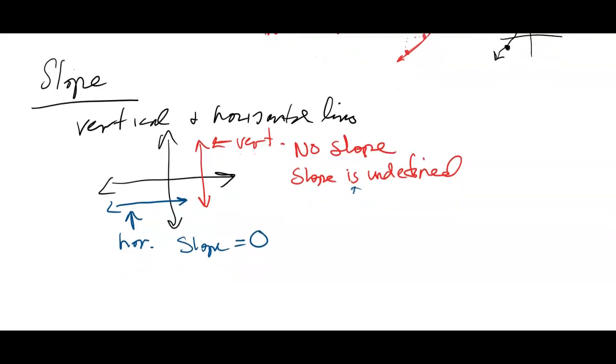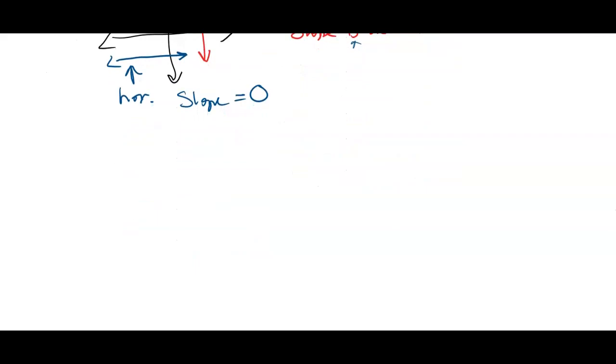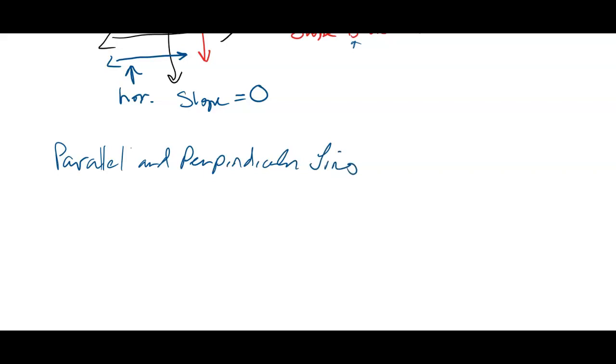You are going to use all of this information ultimately to take anything you are given and to put it into an equation. So the last piece of information that you want to pay attention to as you're going through this chapter, of course, is parallel and perpendicular lines.